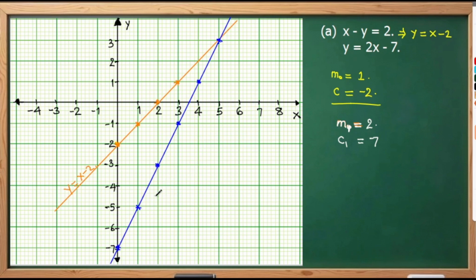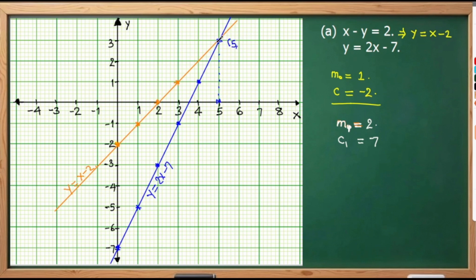So let's put the name of this graph also as y equals 2x minus 7. Voila. So we can see that the point where the two lines meet has coordinates: if we follow along the x-axis, we get to 5.